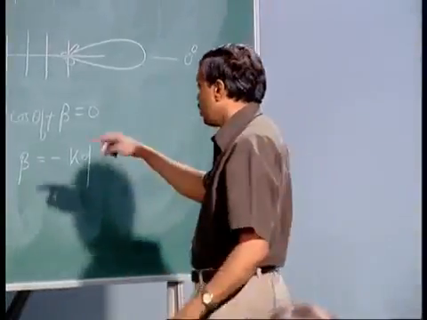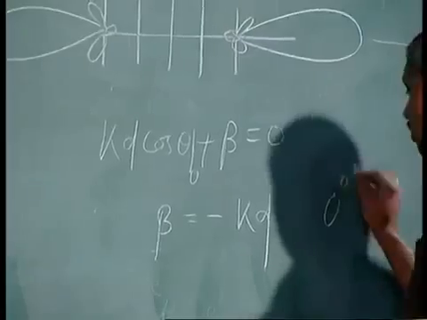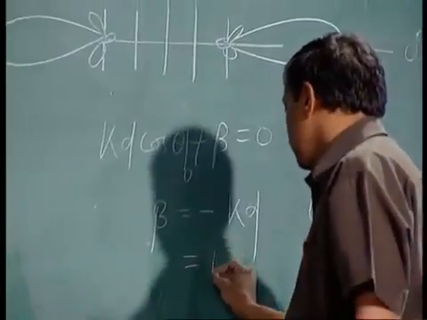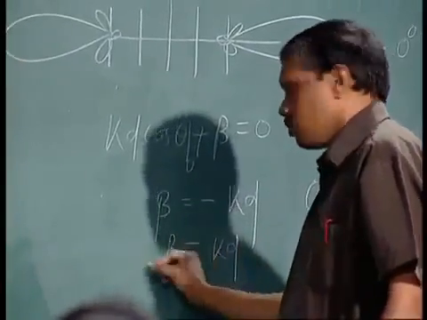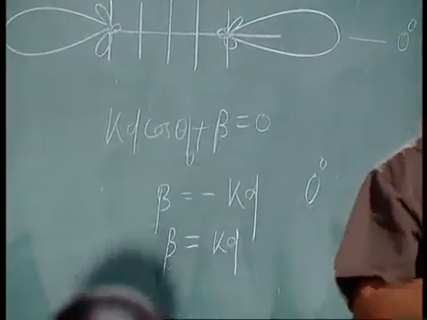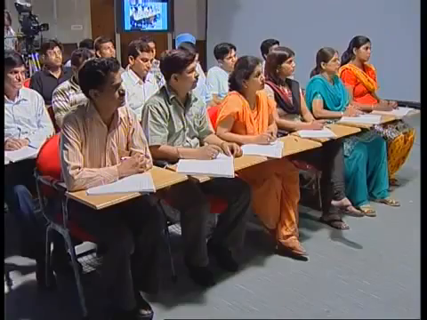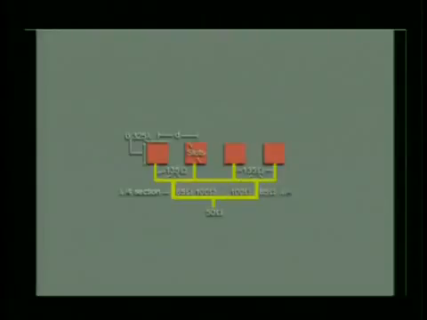This is for 0 degree. If you are looking for 180, it will be plus kd. So this is the interlink between the spacing and the phase of excitation.